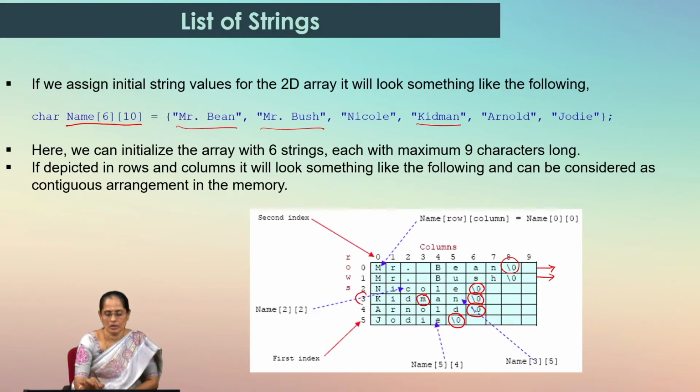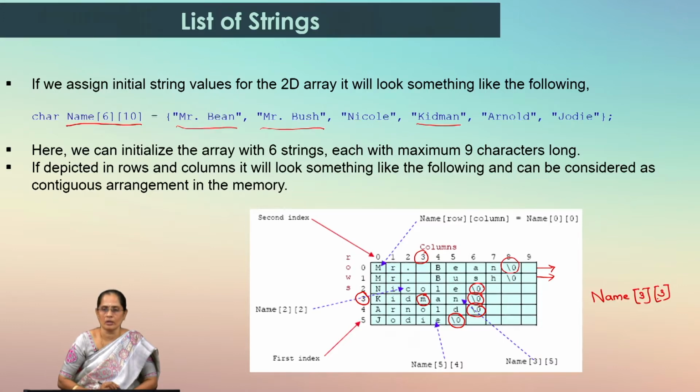So, the index value of the row is 3. What about the column index? It is also 3. So, we can make the array representation name of 3, 3, the row index value and the column index value. So, name of 3 row index, 3 column index will represent the character M.